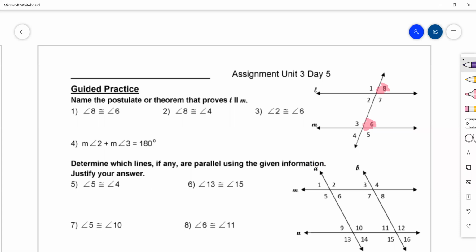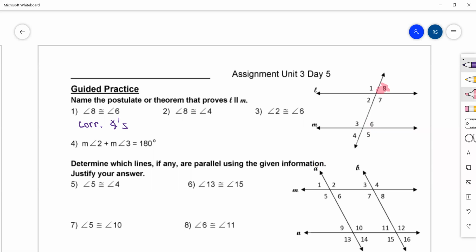So what relationship do 8 and 6 have? They are corresponding angles. Okay.